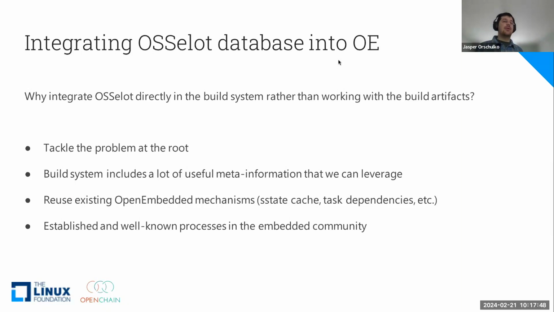Well, mainly we want to tackle the problem at the root. So having it right during compile time is always a great thing. And the build system actually includes a lot of useful meta information that we can leverage. We're using some of it right now, but we are also hoping to improve on that down the line.